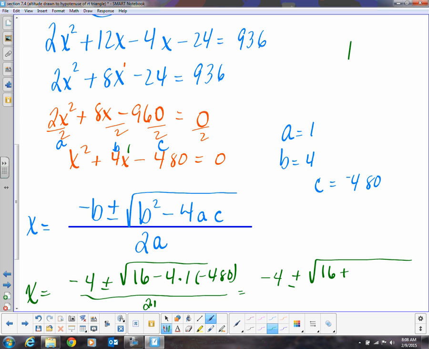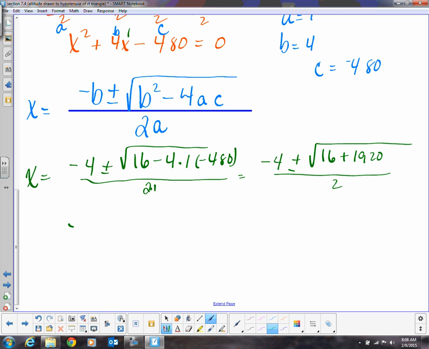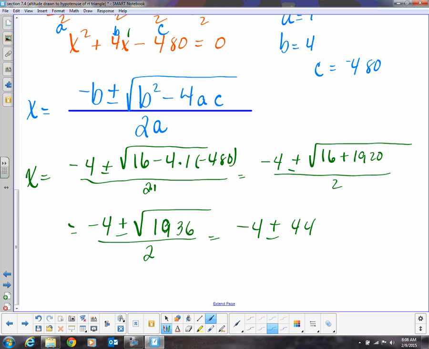Negative times negative is positive, 1920, all over 2. So we're going to have negative 4 plus or minus the square root of 1936. What do we get? So this is going to be negative 4 plus or minus 44 all over 2.